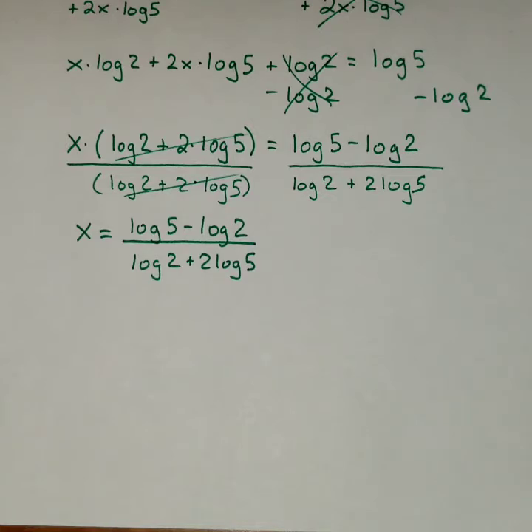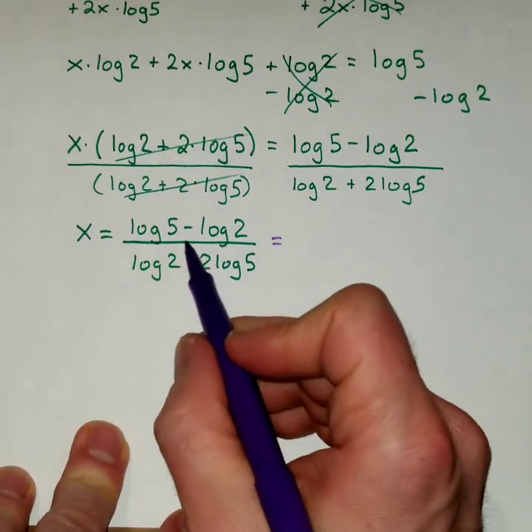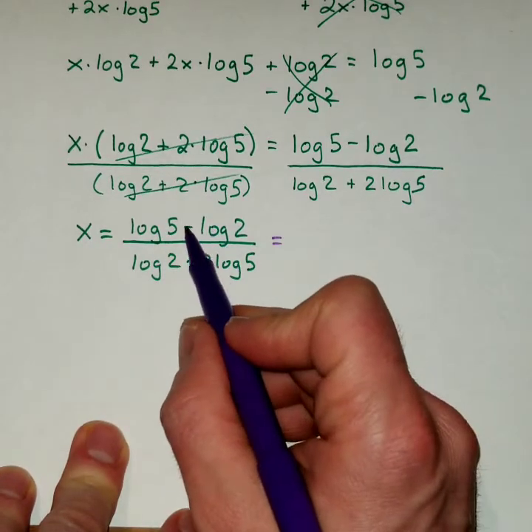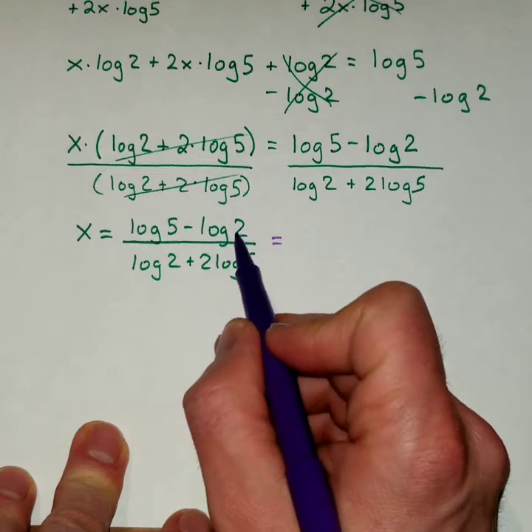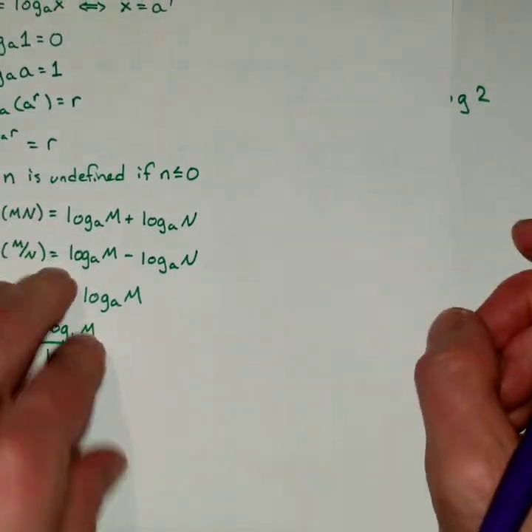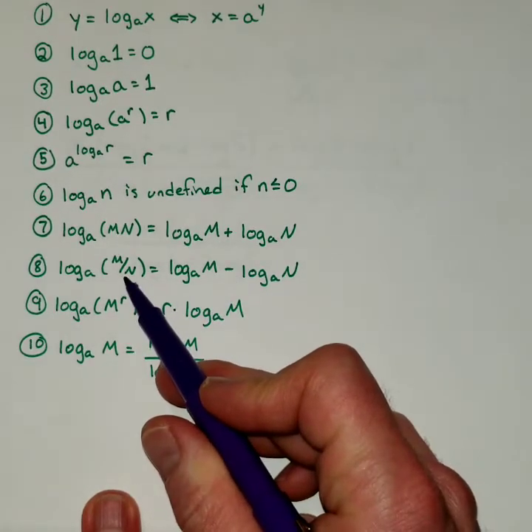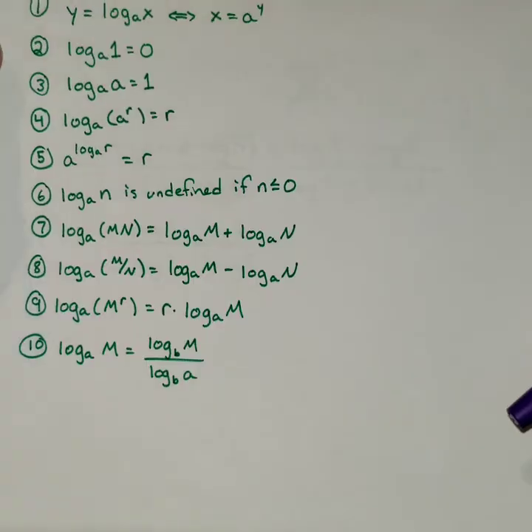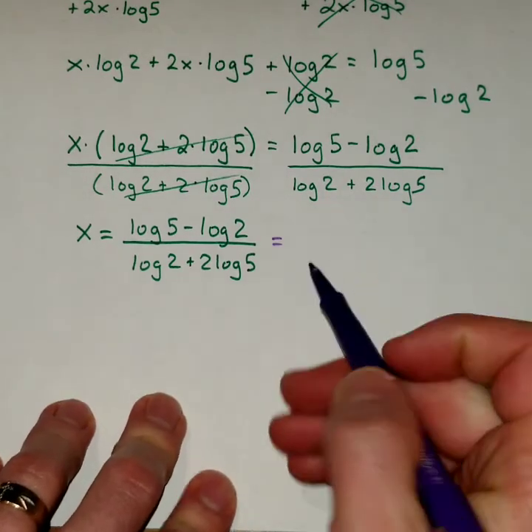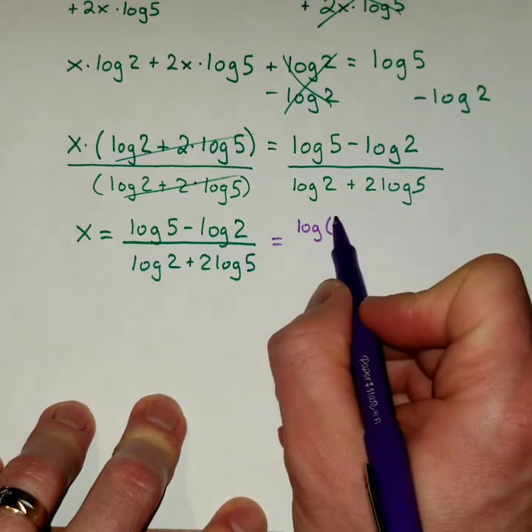So let me finish this off by simplifying in another color so it looks a little different here. The difference of the two logs, log 5 minus log 2, can be simplified again using property 8. The difference becomes a quotient on the inside. So I'm going to rewrite this as the log of 5 divided by 2.